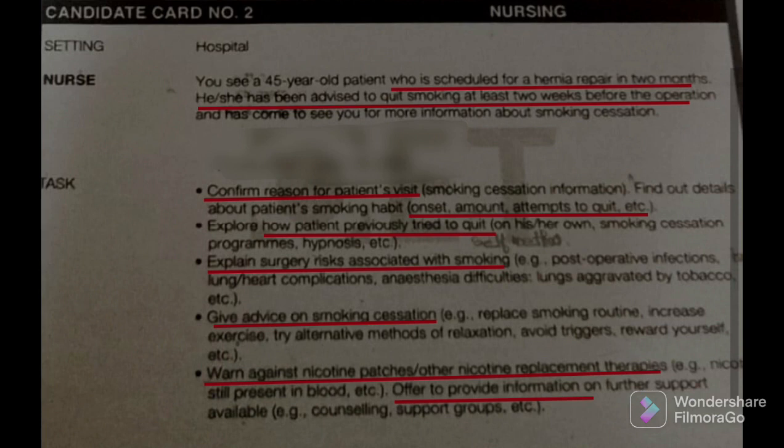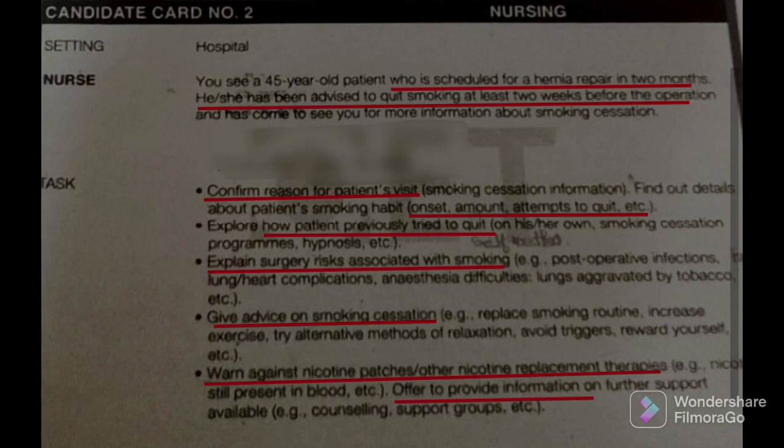It is important for you to increase the exercise also, and please try alternative methods of relaxation like yoga and meditation. Another important thing is, please avoid triggers, because sometimes you may smoke because of tension or some other triggering factor.